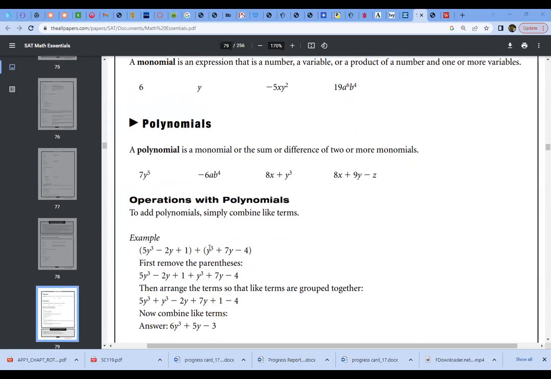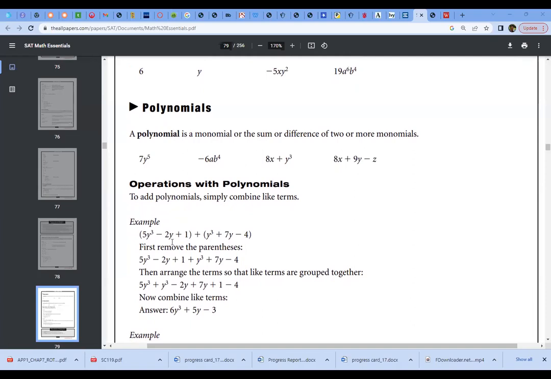Okay, let us see the example. This is not a polynomial. You're 100% right. So to add polynomials, simply combine like terms. If you have 5y to the power 3 minus 2y plus 1 plus y to the power 3 plus 7y minus 4, you cannot add 5y to the power 3 with 7y. The terms should be the same.